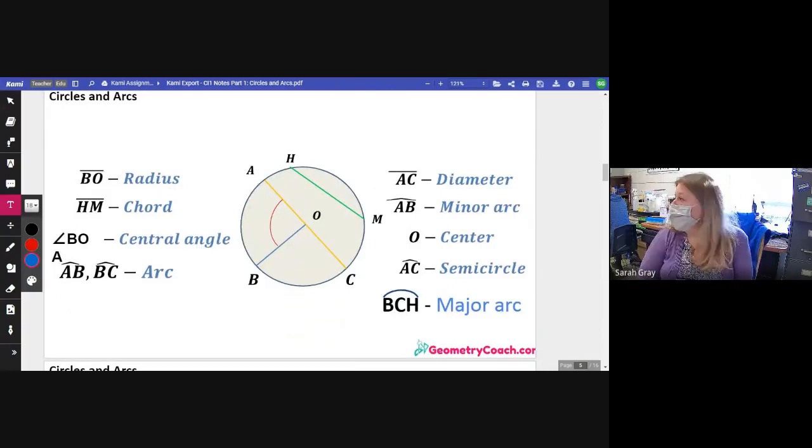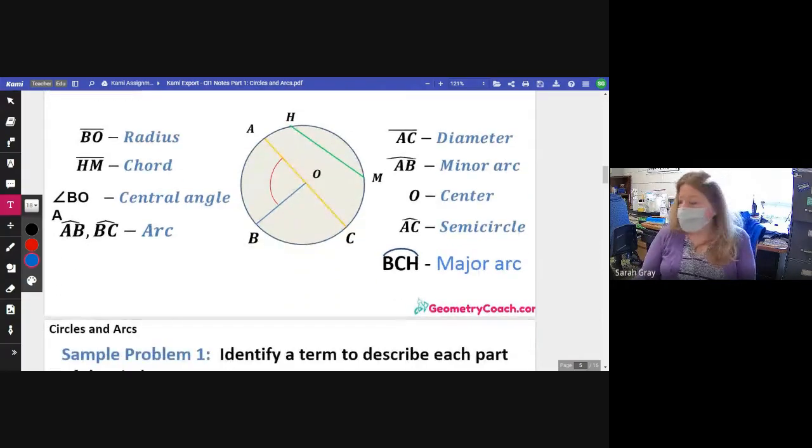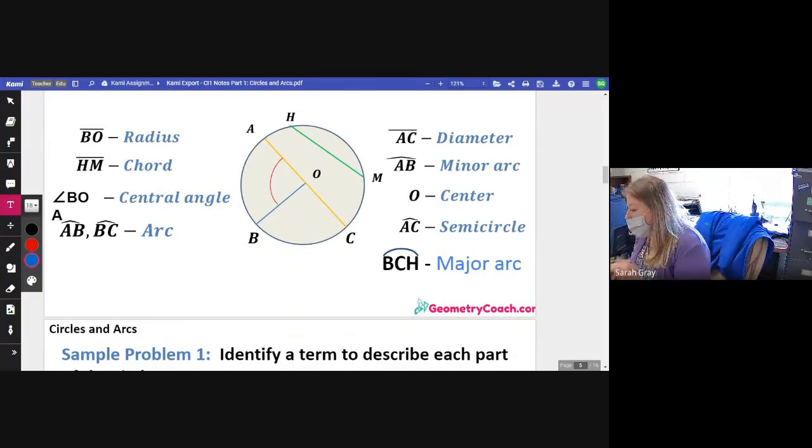All right, here are the parts and pieces of a circle. Radius and diameter, you know. Radius goes halfway across. Diameter goes all the way across. Okay.